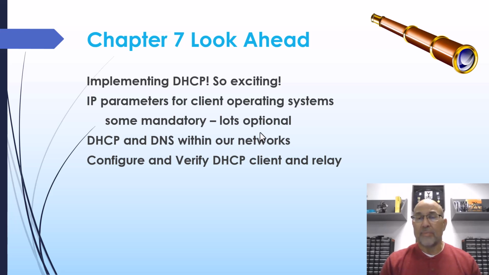There are some mandatory settings in order to be fully functional on the network, and then we'll talk about some of the optional ones. So the 2 big topics will be DHCP and DNS within our networks. That's the Dynamic Host Configuration Protocol and the Domain Name System. Critical infrastructure. And then, of course, we'll do configuring and verifying DHCP clients, but also relay, as routers act as a relay agent very commonly.